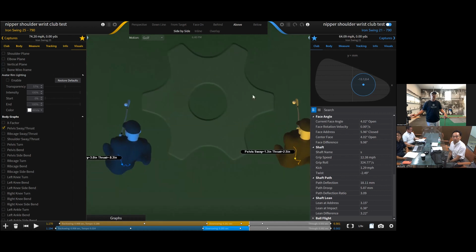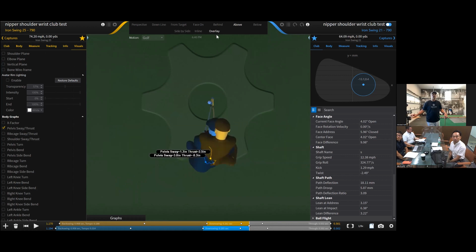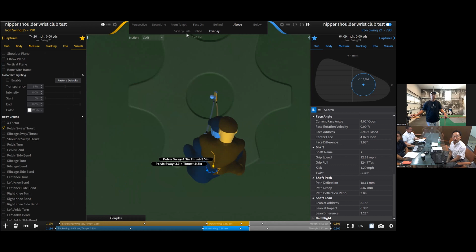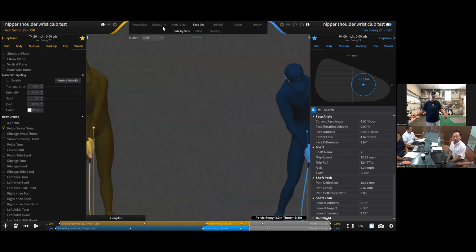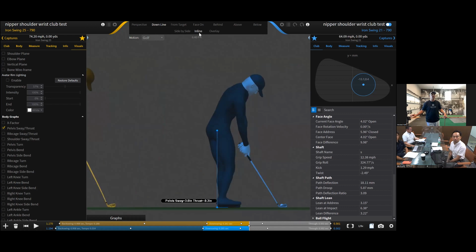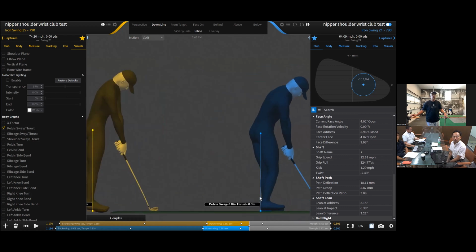Here's before, here's after. You can see from above the difference in these two traces. And if you look down the line, you can see that there's no thrust and the handle is down.